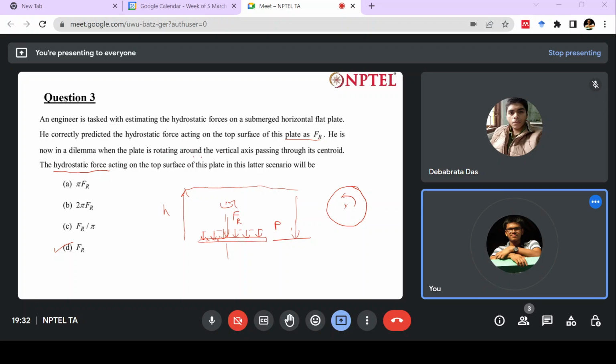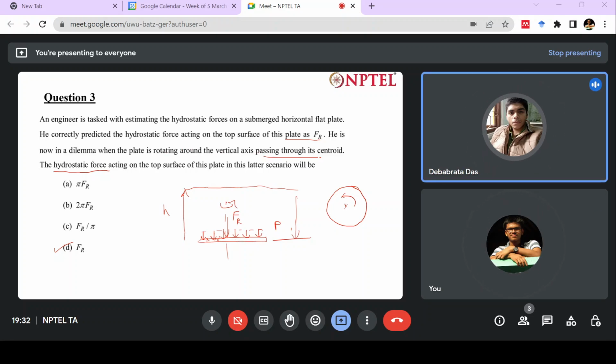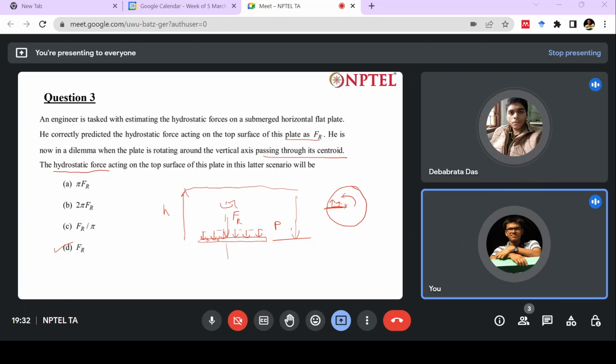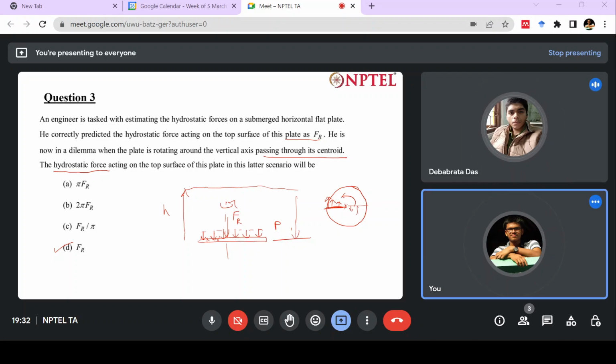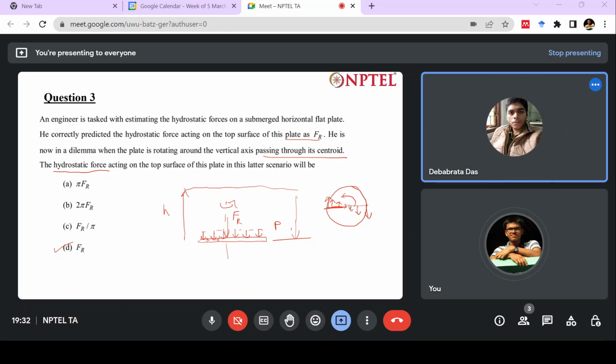If it is rotating about the centroid along this line, the viscous stresses should act in this way, correct? But at this side, the viscous stresses will act exactly opposite. So when you calculate the net force, this will cancel out.